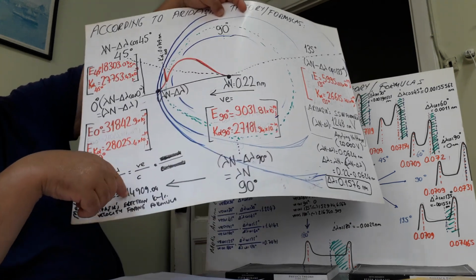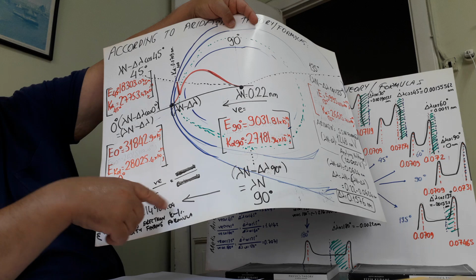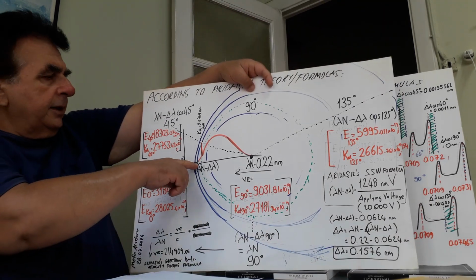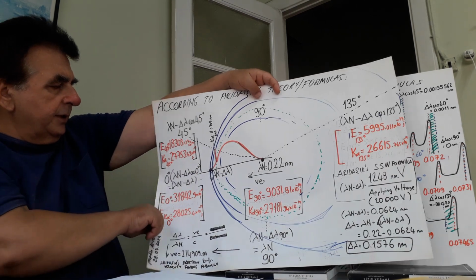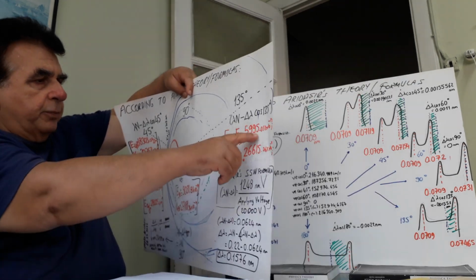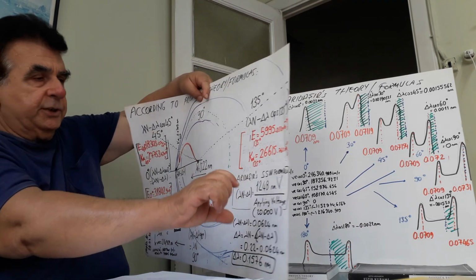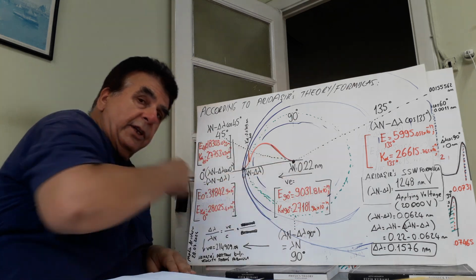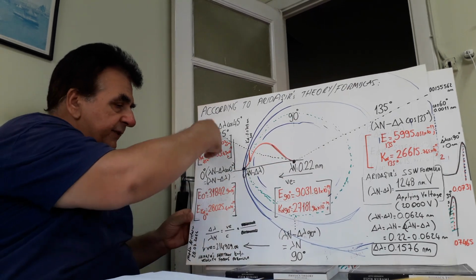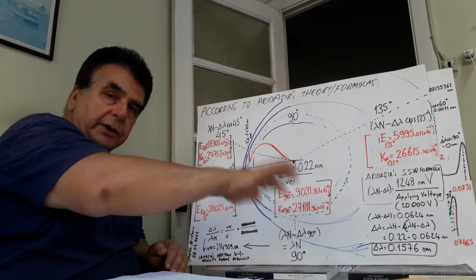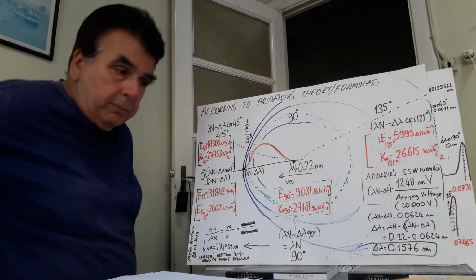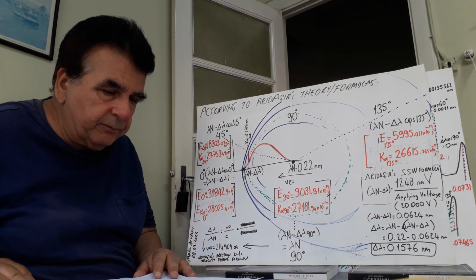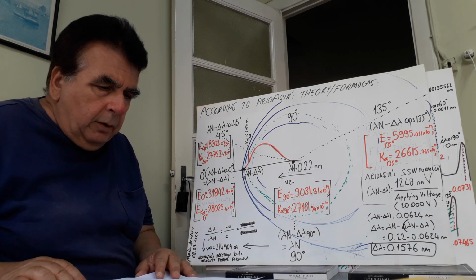This is the electron motion form's velocity. At this point its energy is highest, at this point smallest. Then K alpha must follow this increasing or decreasing energy. Yes, it is so. I have computed it.